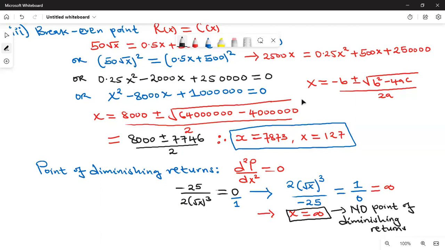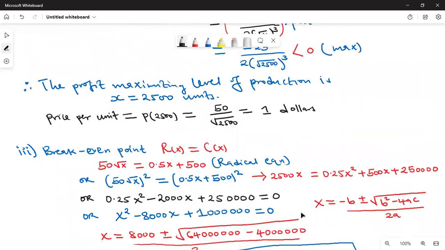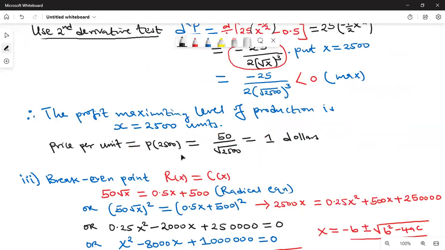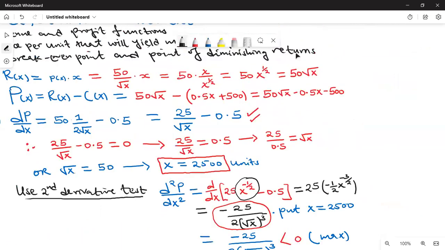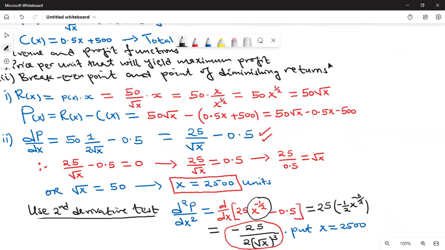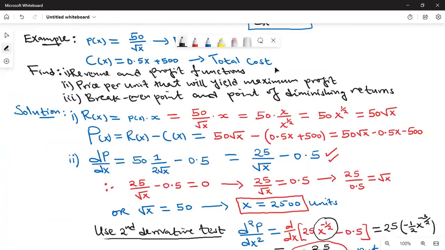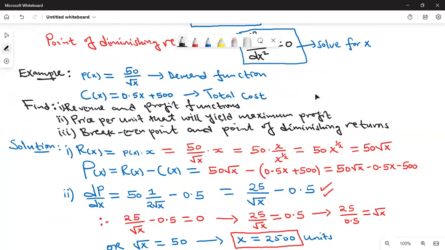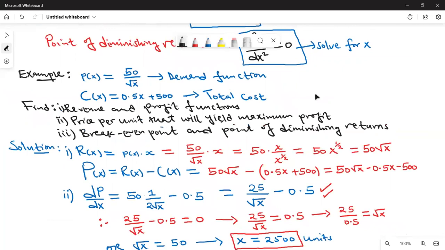And in this problem, let's say you are asked to find the fixed cost. Look at our cost function, and I told you fixed cost is the constant term. Look at the constant term in our cost function. If you're asked to find the fixed cost, then it is this value.